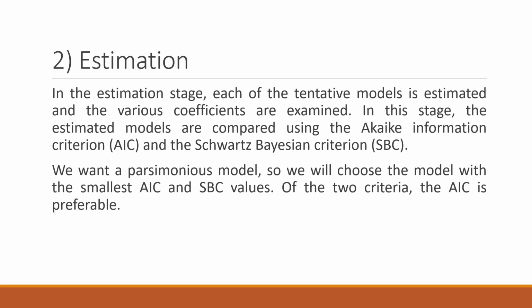So in the estimation, after identifying that the series is following an AR process or MA process, there will be many models which we will create. But we will have to identify the best model on the basis of some criterion. So we'll be using the Akaike information criterion and Schwarz Bayesian criterion to identify which is the best model for us.